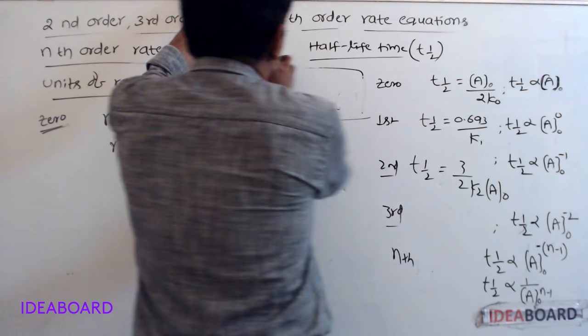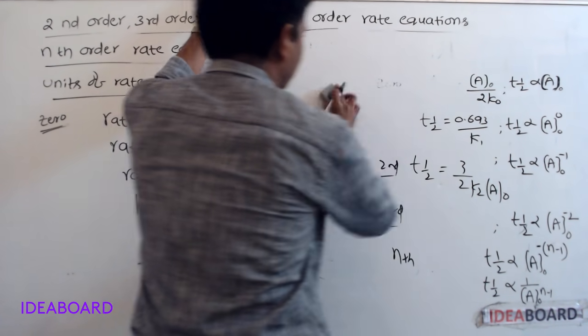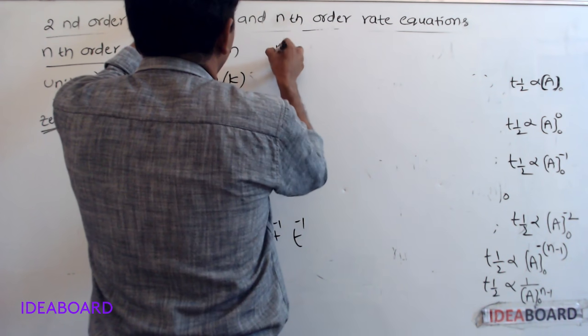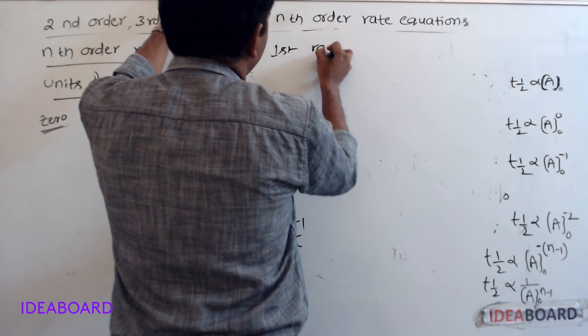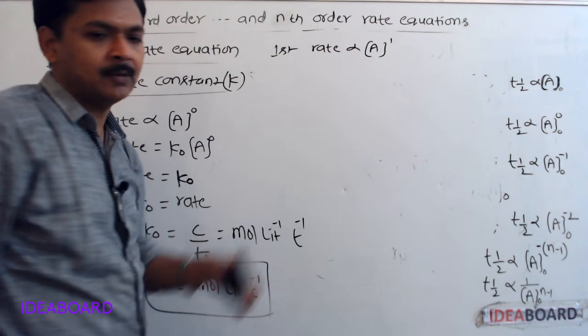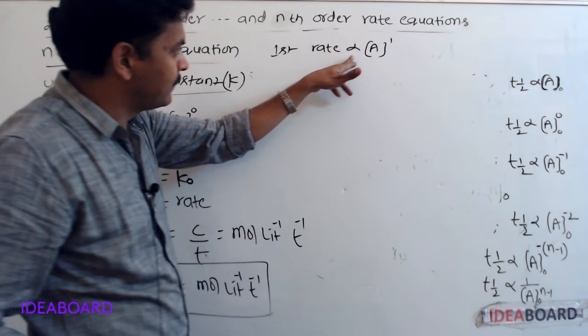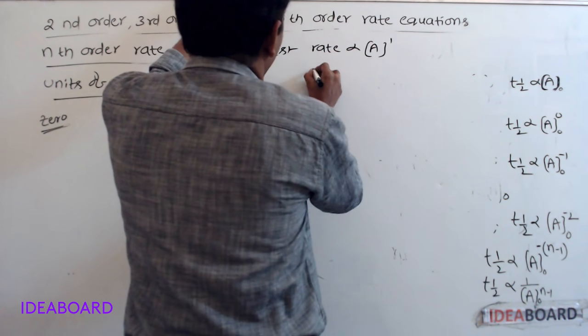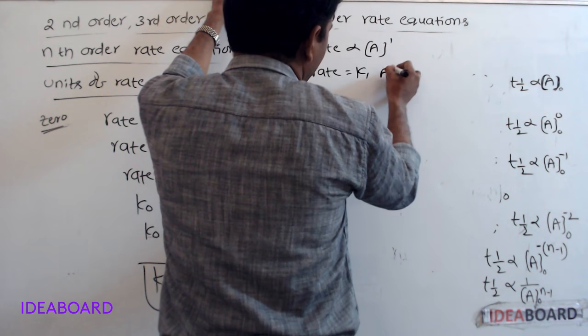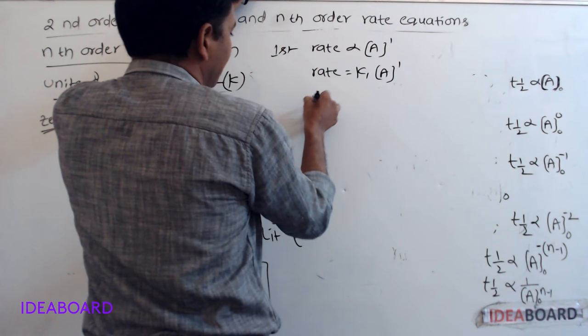If we take first order rate constant, first order rate is directly proportional to concentration of reactant power 1. Rate is equal to proportionality constant K1 into A concentration power 1.